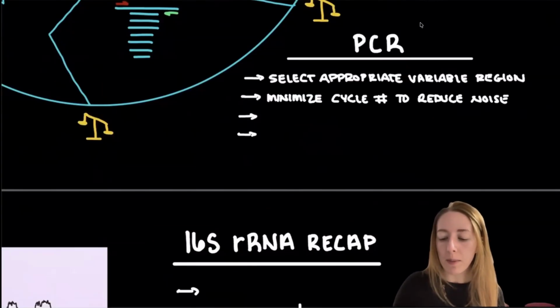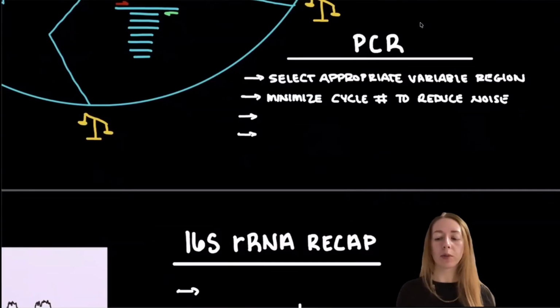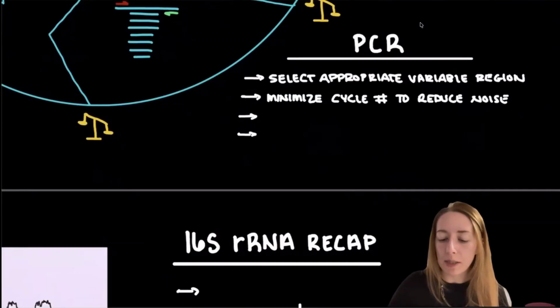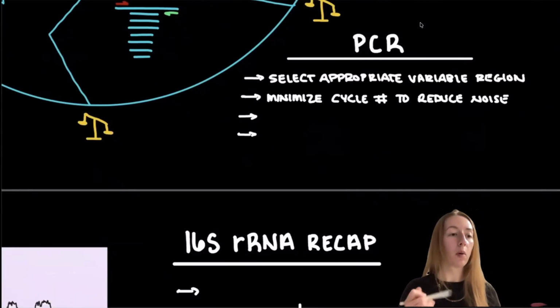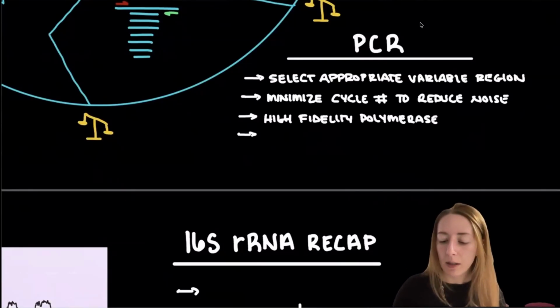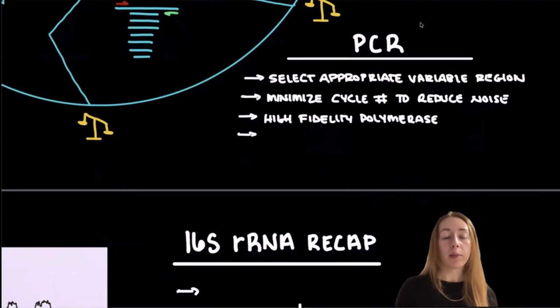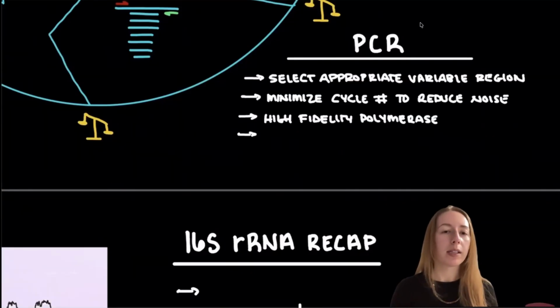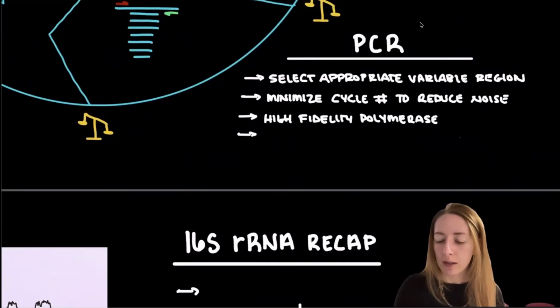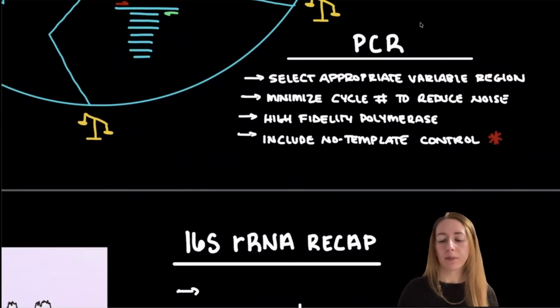And then also minimize the cycle number to reduce noise and bias. So we don't want the PCR to cycle more than absolutely necessary. Using a high fidelity polymerase will prevent any errors being introduced in this PCR process. We definitely don't want errors to keep carrying down, right?